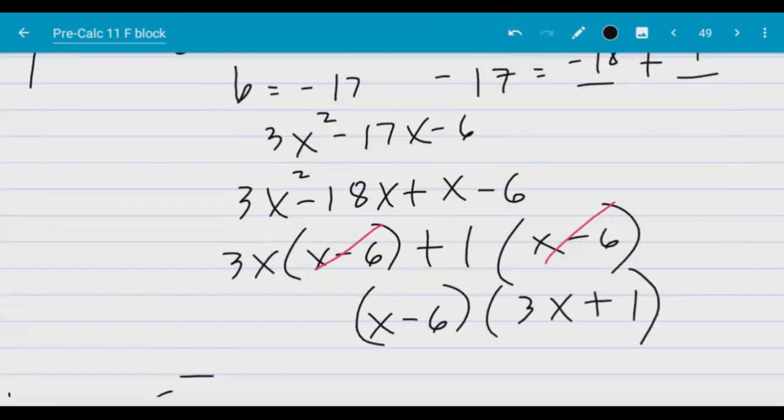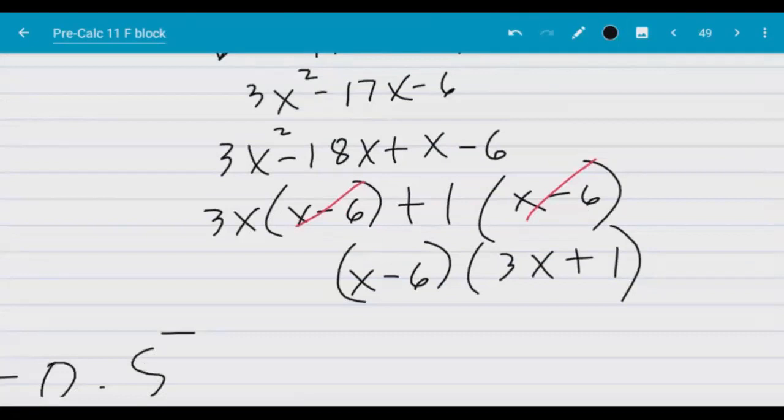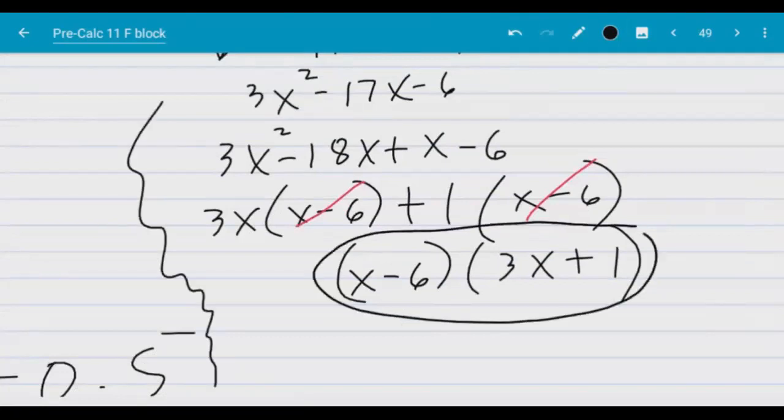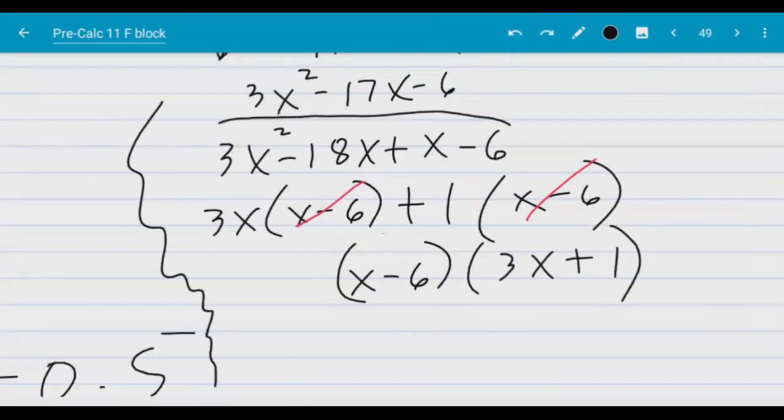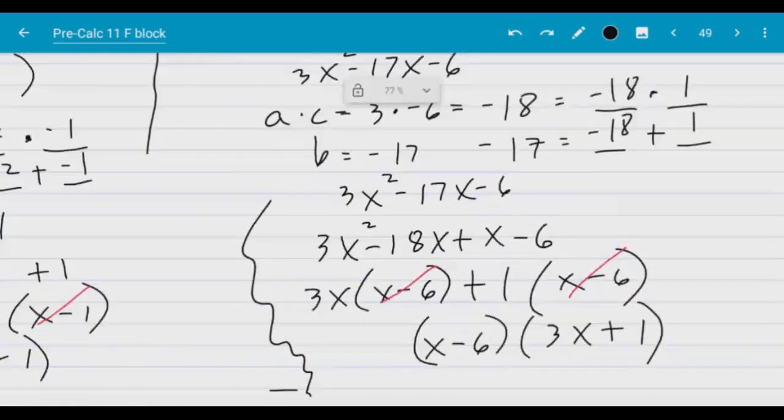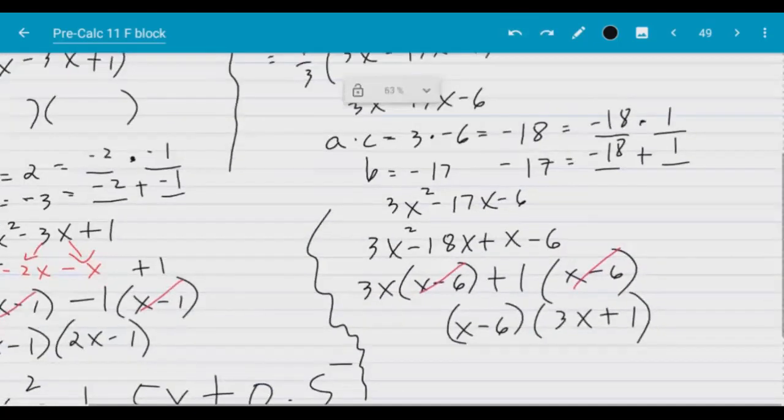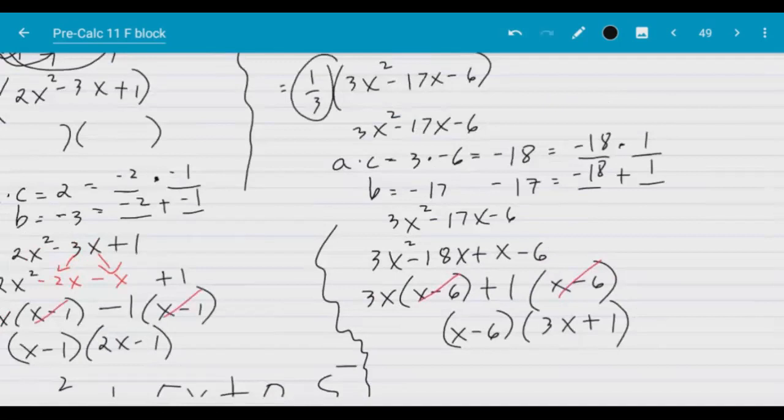Once again, I am cautioning you, make sure that you understand that this one gives the factors of this. If you go back to the very beginning, remember that we have a 1/3 to deal with over here, so do not forget.